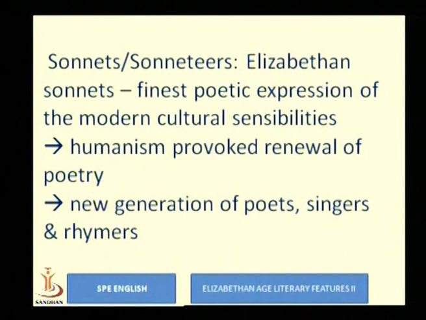You will find that the new generation of poets were singers, they had a lot of lyrical quality in their poetry, and a lot of attention was given to rhyme. And therefore the new generation of poets during this Elizabethan age tried to experiment with the sonnet form, and therefore Elizabethan sonnets are also a very important literary feature of this age.